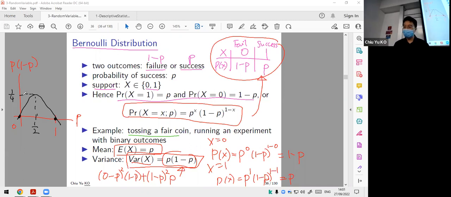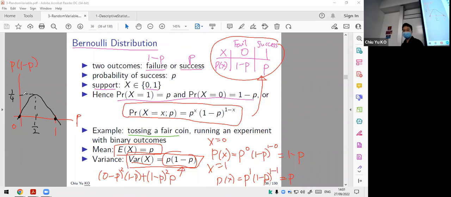If P is close to 0, what you see is most of the outcomes are failure, right? So the data you have is a lot of zeros and very few ones, right? That means the variance is very little because most of them are 0, so the variation is very small because the mean is also close to 0.